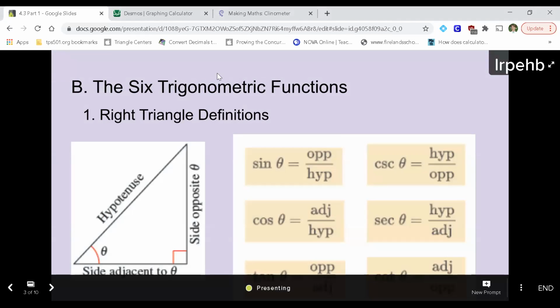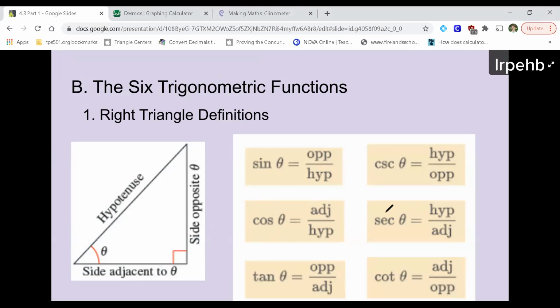All right, so this should already be in your notes. If not, you could take a picture of it. But I don't want to linger on this slide too long because this was in your notes for 4.1. For any right triangle, given an angle inside that triangle, you can label the sides opposite, adjacent, and the hypotenuse.